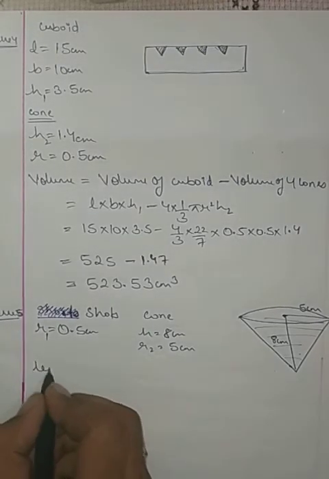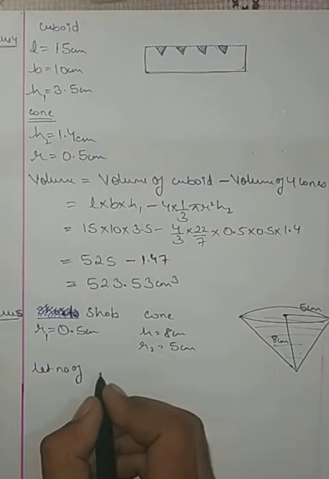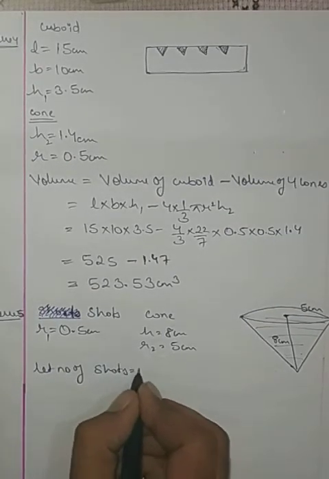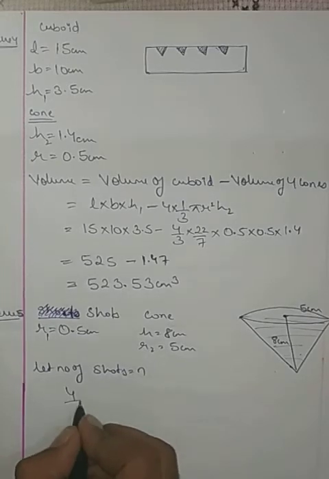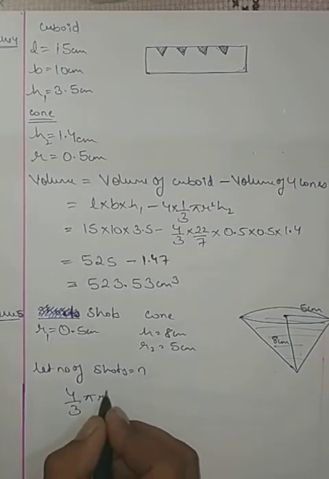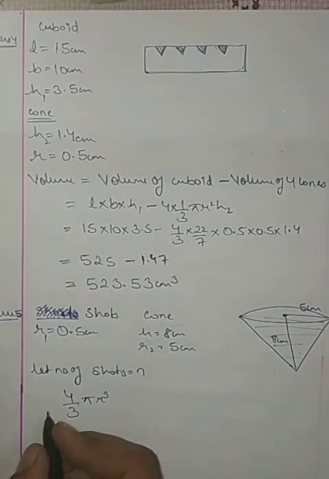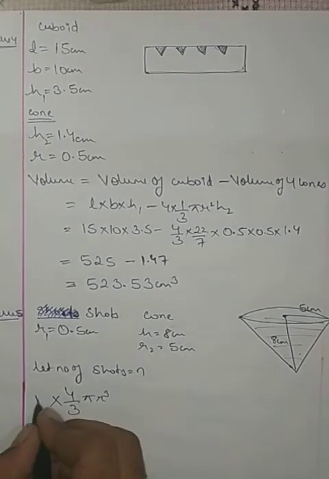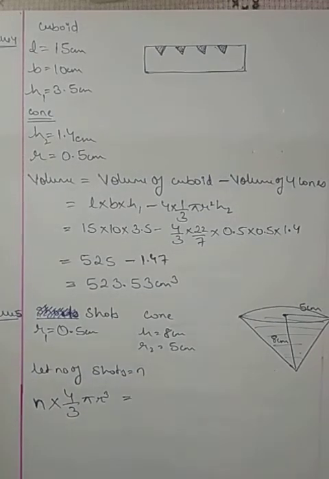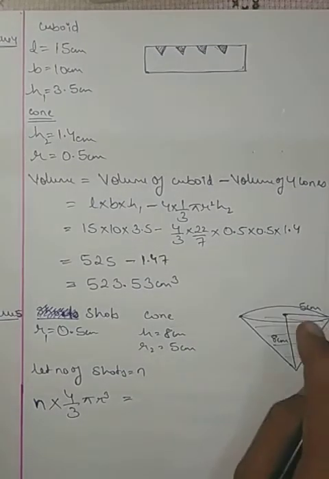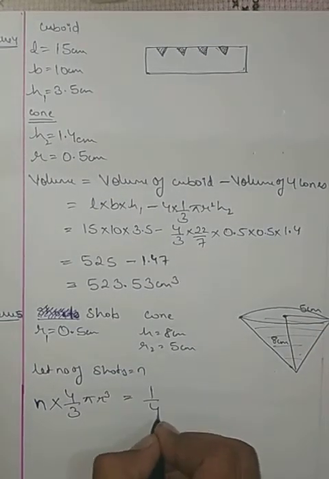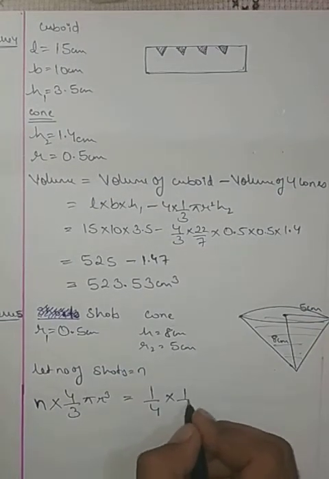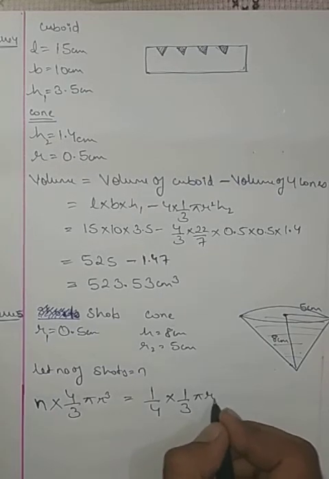So let the number of shots be n. Volume of one shot will be 4 upon 3 pi r cube, because the shape of a shot is spherical. We have n multiplied with this is equal to the volume of water that comes out, 1/4 volume of cone, that is 1 upon 3 pi r square h.